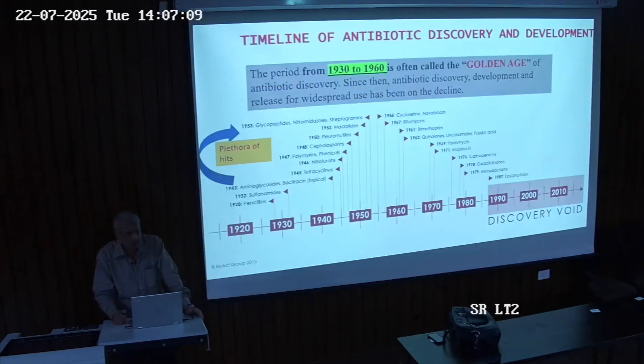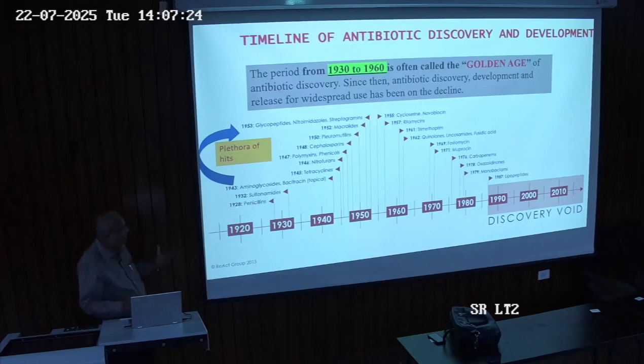Now as I told you, there has been a lag in antibiotic development from 2010 onwards. From 1928, which was the golden period, to 1952, lots of antibiotics were developed. There were a plethora of hits, but from the 1990s the development of antibiotics was very sluggish.